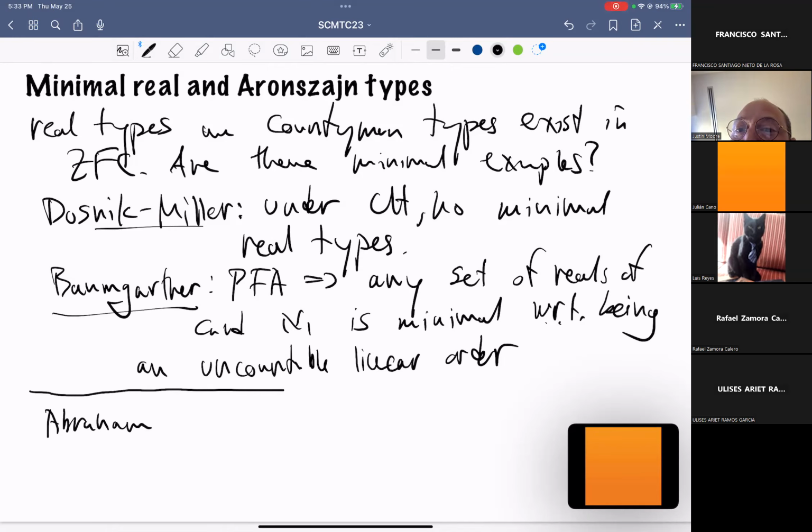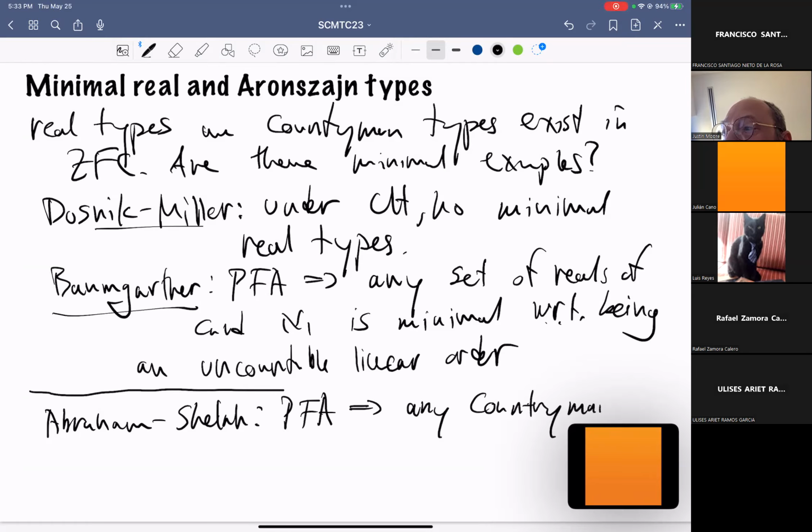Abraham and Shelah showed, to assign dates to these, Dushnik-Miller is, I think, sometime in the 40s, Baumgartner's result is in the early 70s, and Abraham-Shelah is the early 80s. Abraham and Shelah showed that PFA implies that any Countryman line is minimal. And in fact, you need less than PFA.